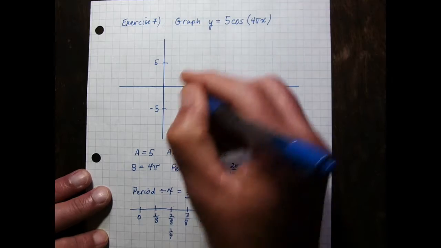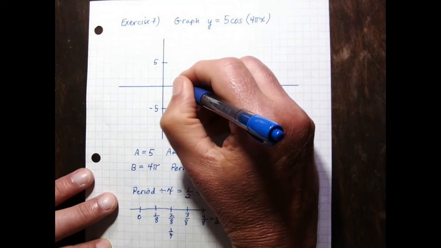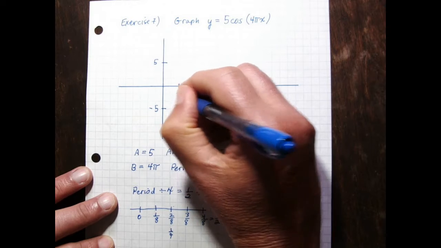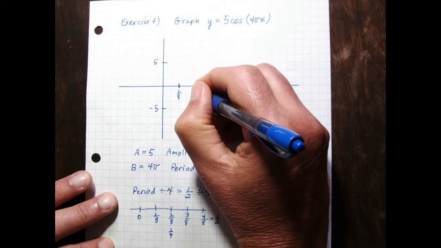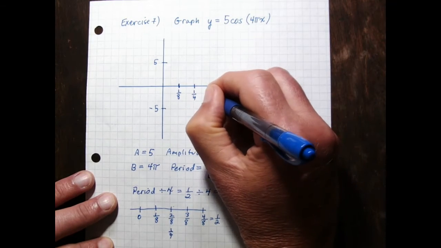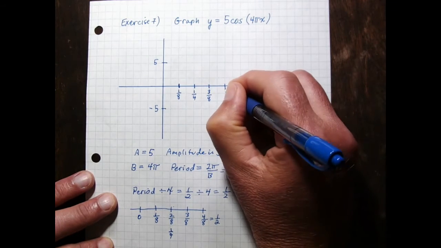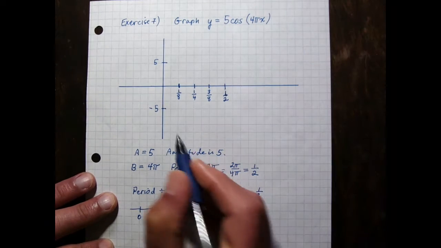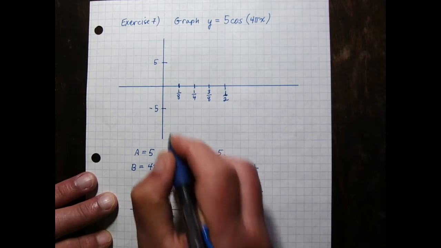So up here on my graph grid, I'm just going to label 1/8, 2/8, which is a fourth, 3/8, 4/8, which is a half, and there's one period.